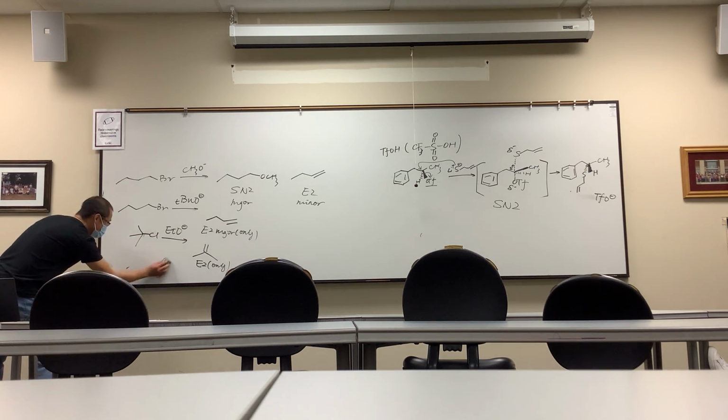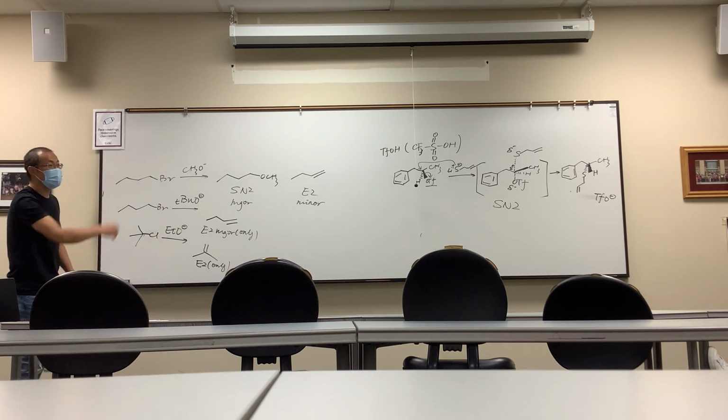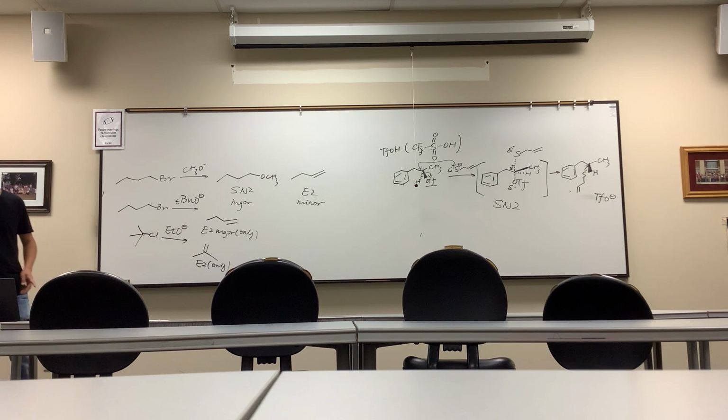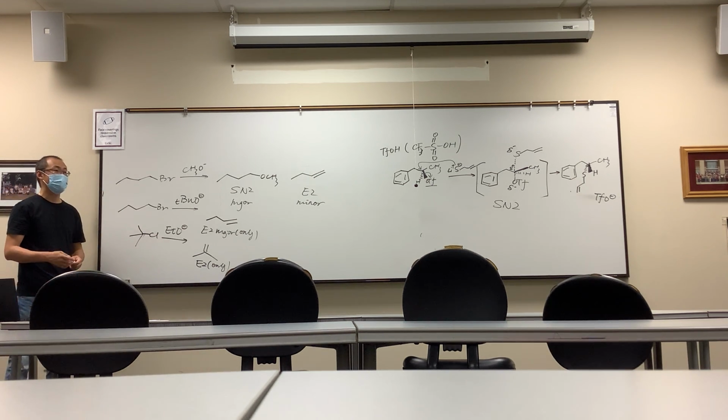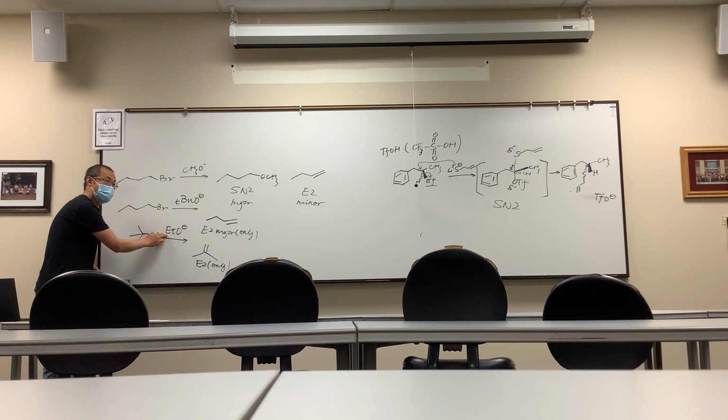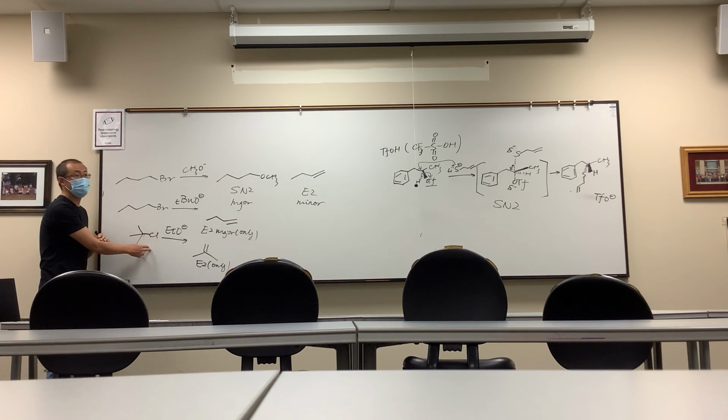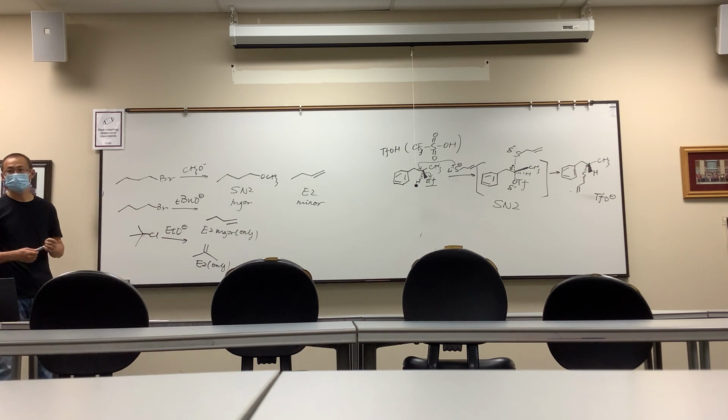All right, so this kind of gives you some idea. That's how we review the chapter. After you study, you have to do the practice and ask yourself: strong base, strong nucleophile, favors what? SN2 and E2. But this guy is tertiary, so no way you have SN2. So the reaction is E2.